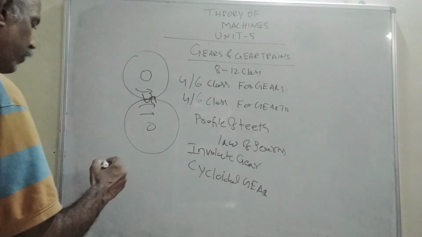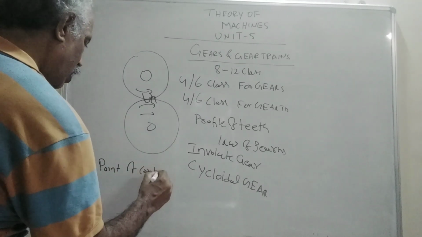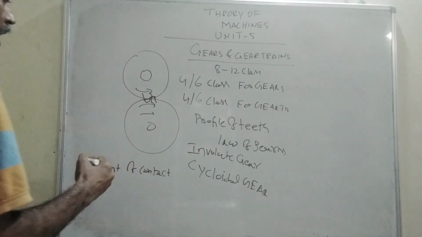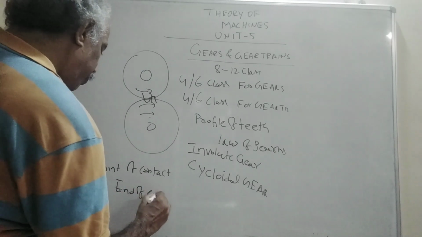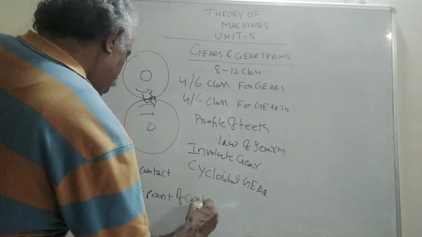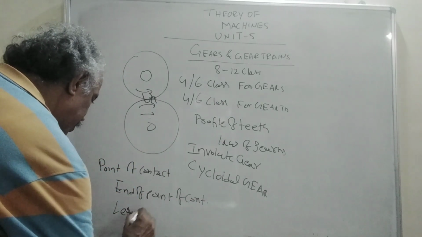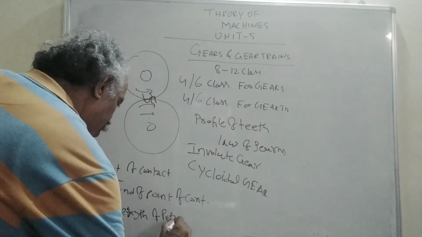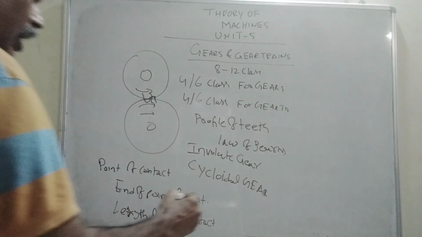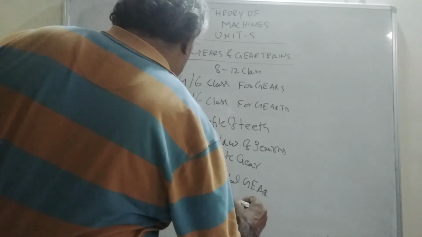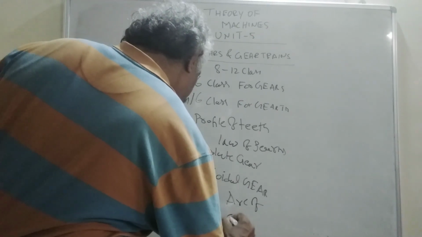From the starting point of contact of the driving tooth and the driven tooth, to the end of the point of contact, you have to determine the length of path of contact and the arc of path of contact. That is, how much angle the driven and driving gears will turn for the path of contact.